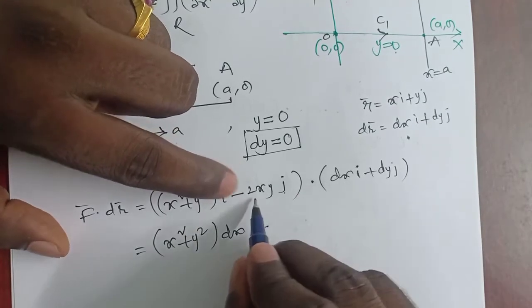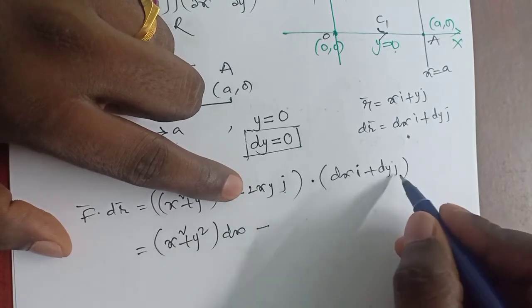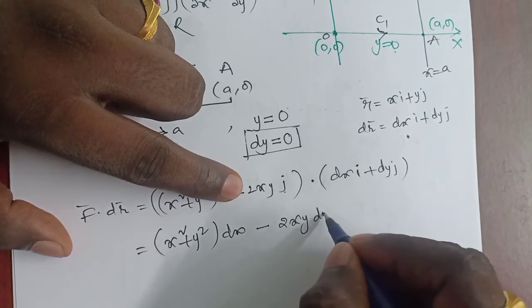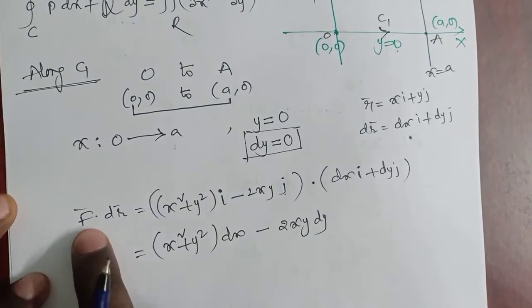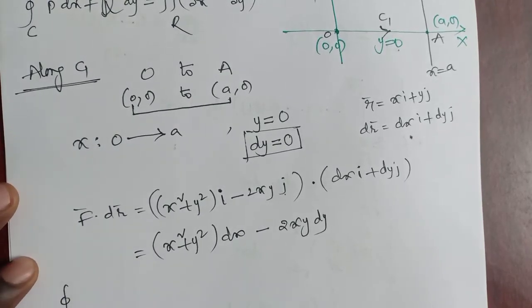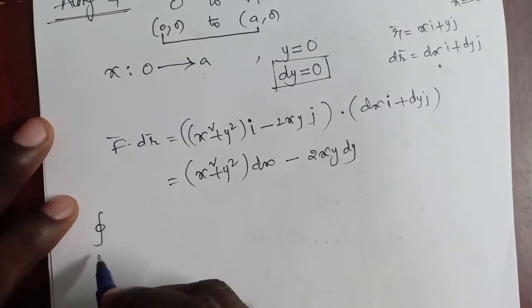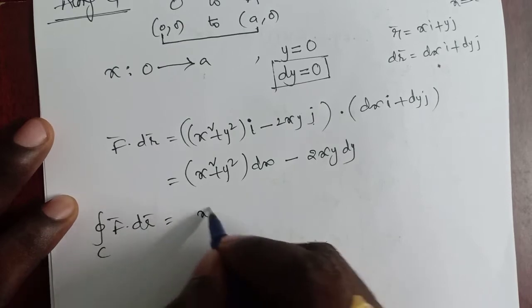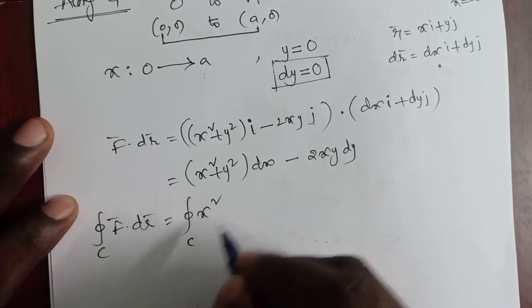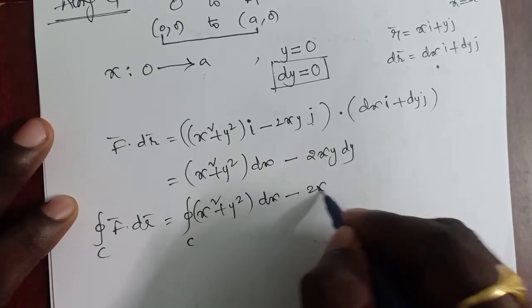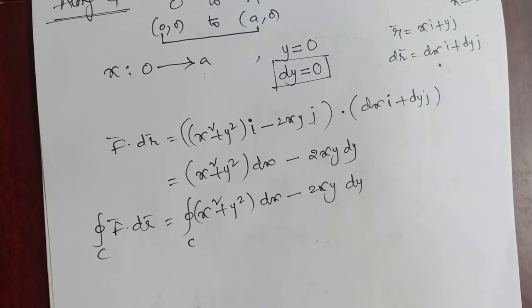On the last one, j bar dot j bar is 1, so we get minus 2xy dy. So that is F bar dot dr bar. The line integral along the curve is the integral of (x square plus y square) dx minus 2xy dy. This is the integral we need to evaluate.